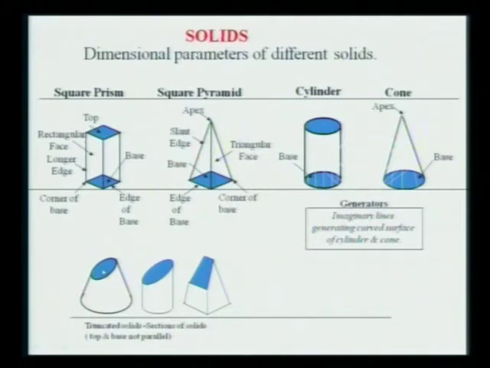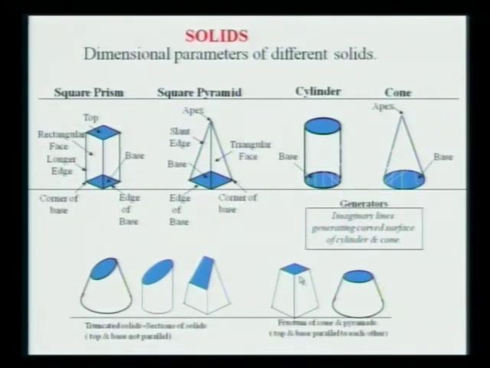And if the sections are parallel to the base, then what is the name of the solid? Just like this. What do you call it? If the base and the section are parallel to each other, then the name of the solid is the frustum of a cone and pyramid. It is called a frustum.